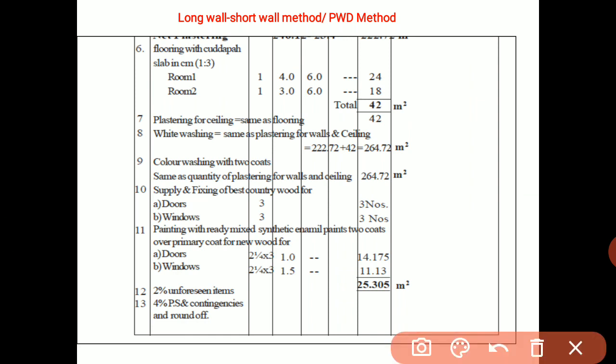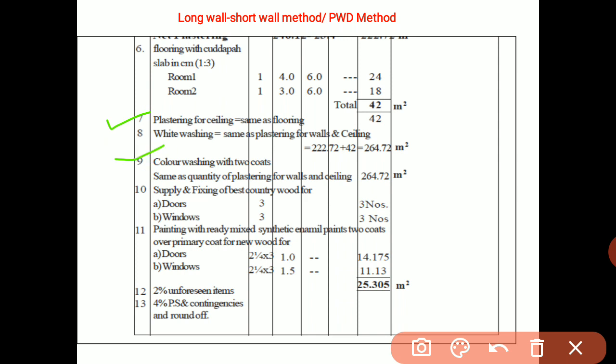Now there are some quantities that we don't need to calculate again and again. That means plastering for the ceiling is same as flooring. So whatever plastering work we are going to do internally, from inside, is like flooring. And whitewashing is same as plastering.